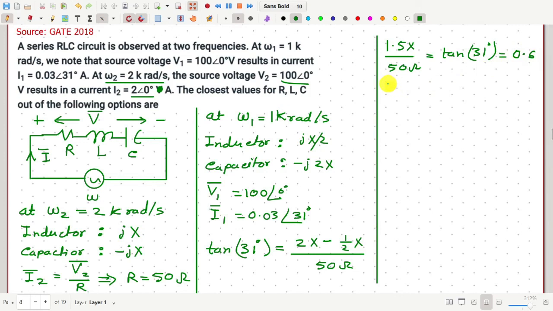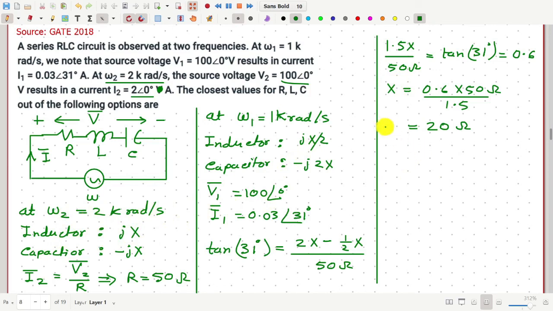So we have x equal to 0.6 into 50 ohm by 1.5, which is equal to 30 by 1.5, means 20 ohm. Okay, and this X is the impedance of the inductor at 2 kiloradian per second.